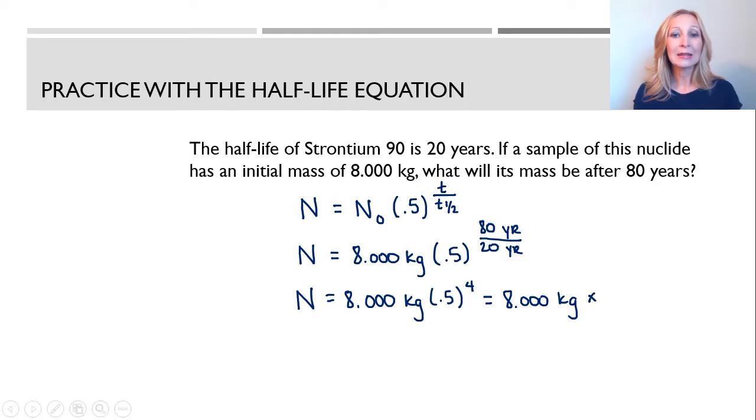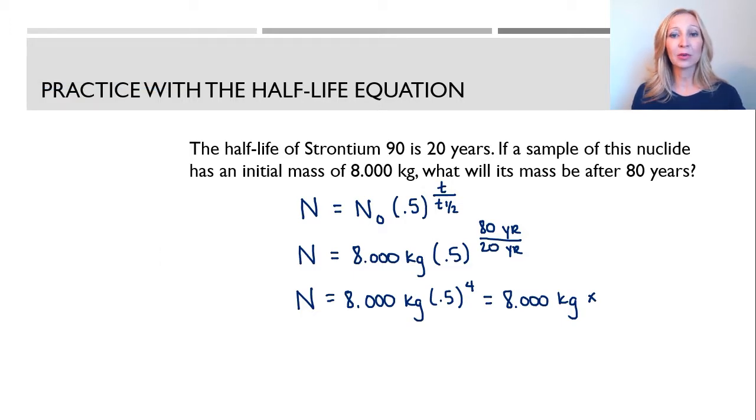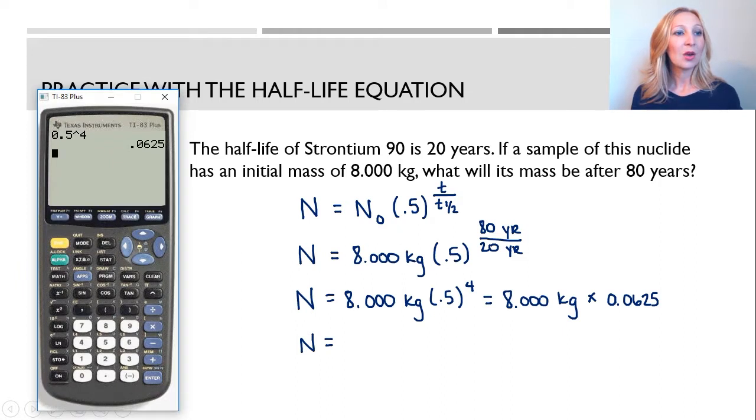So I'm going to take 8.000 times 0.5 to the 4th. So I'm going to figure out what 0.5 raised to the 4th power is equal to. And it says it's equal to 0.0625. So 8.000 kilograms times 0.0625 will give me my answer. So the final mass of this strontium-90 after it has undergone decay will be equal to 0.0625 times 8, which is 0.5.